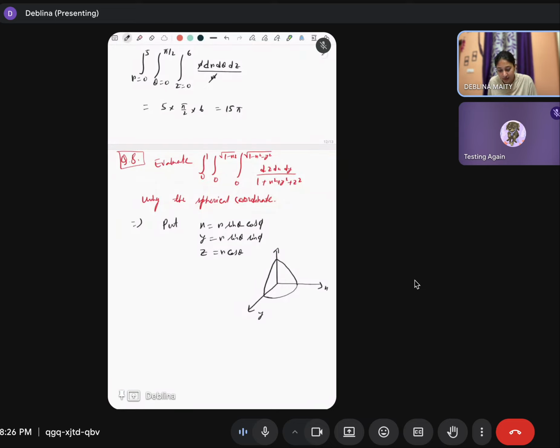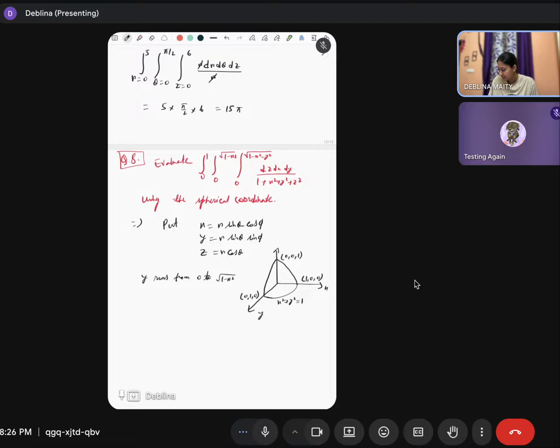Since x is positive, x runs from 0 to 1, so this is 1 0 0 and this is 0 1 0, right? And this equation is x square plus y square equals 1, because y runs from 0 to root over 1 minus x square. So this satisfies this equation, x square plus y square equals 1, right?